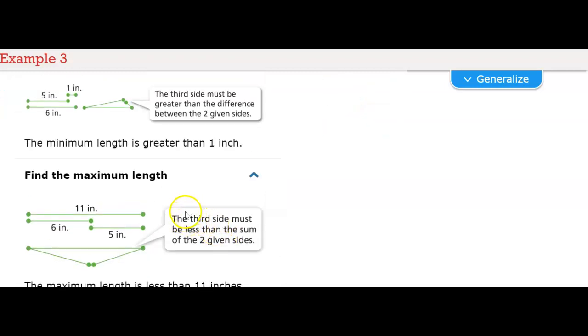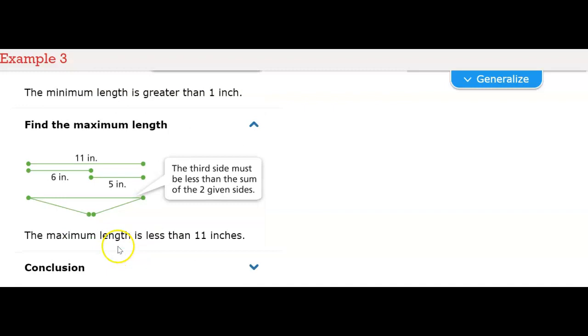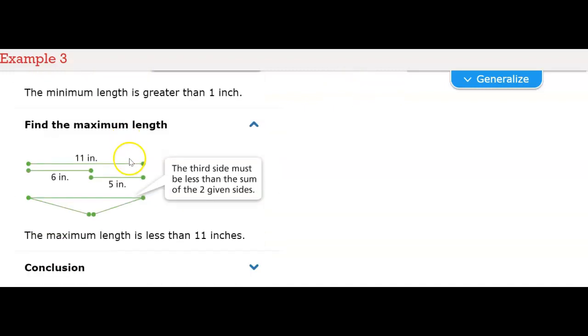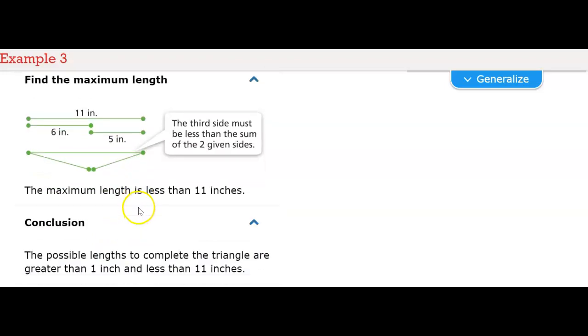The maximum length, you add the 2 sides together and you get 11 inches. And the third side must be less than the sum of the 2 given sides. So the maximum is 11, the minimum is 1 inch. And conclusion, the possible lengths to complete the triangle are greater than 1 inch and less than 11 inches.